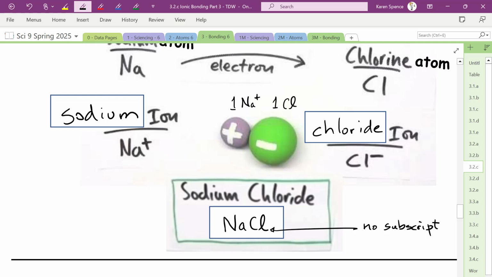It's one of those little tiny numbers down at the bottom. If there's no subscript, that means how many atoms or ions? It means one atom. Okay, so it's one Na to one Cl. Very good.